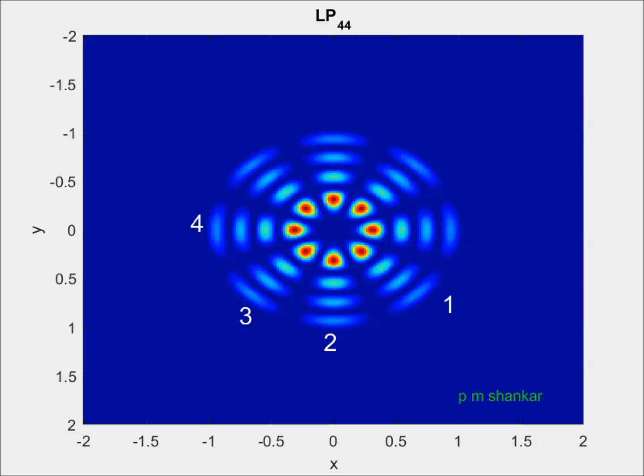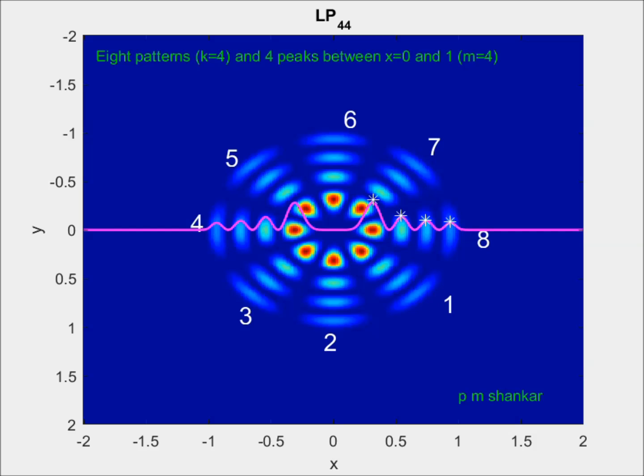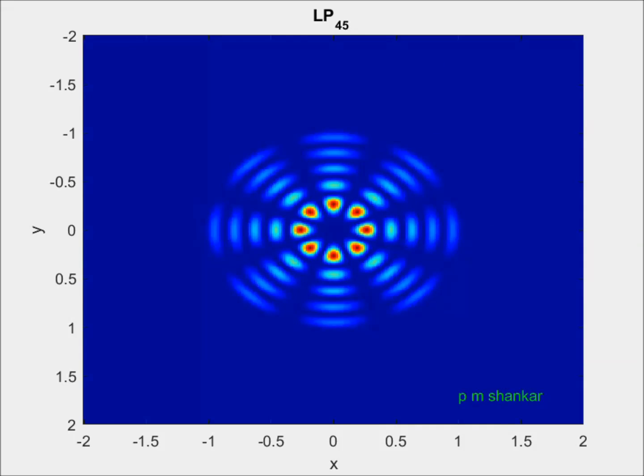Eight patterns within the core and four peaks along the core radius. LP45 mode. Eight patterns within the core and five peaks along the core radius.